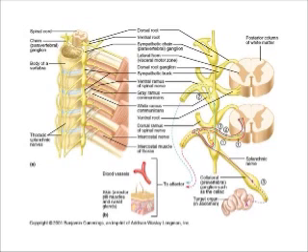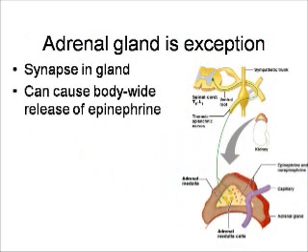So we are talking about craniosacral origin for the parasympathetic fibers. So for the sympathetic, what's the origin? Thoracolumbar. While for the parasympathetic, craniosacral origin.